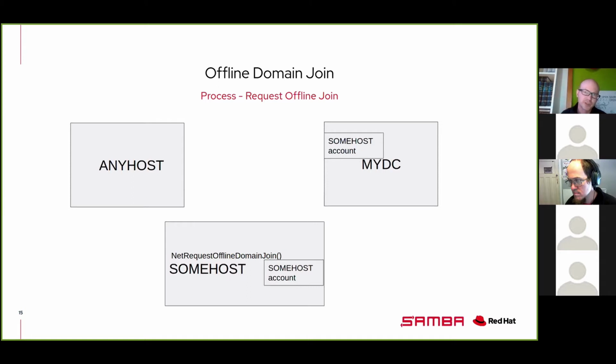The account provisioning can be done by any third party. It could also, of course, be done by samhost. So that's really just in order to make this more visible. You can completely detach that. The provisioning step is one thing, and the request of the offline domain join, which is basically applying all that security content on the local operating system, is the second step.